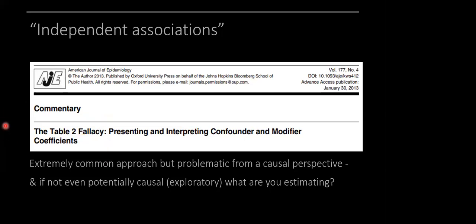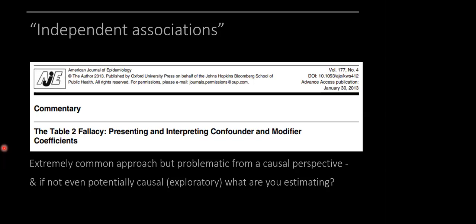So this paper here, the Table 2 fallacy, is a really well-cited paper that was one of the first to make the point that if you look in most observational studies, particularly a lot of papers that come from cross-sectional surveys, you will often see a Table 2, but whether it's Table 2 or Table 3 is irrelevant.